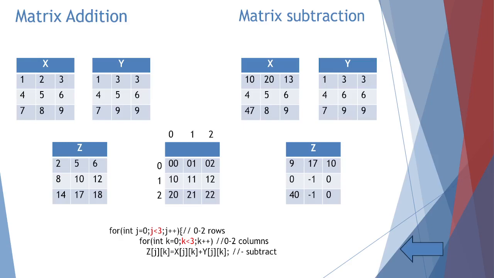So what we are doing is only one line, that is x of jk, that is 0, 0, 0, 1, 0, 2, then 1, 0, 1, 1, 1, 2, and so on. X of jk plus y of jk must be added and stored in z of jk. Just a 3 line program. If we use the subtraction sign, that is minus in place of plus, then it becomes matrix subtraction.